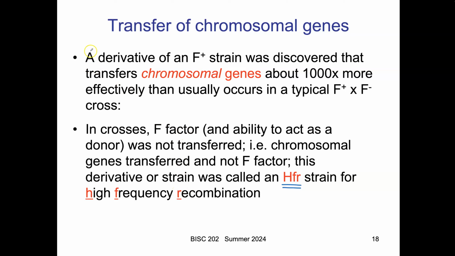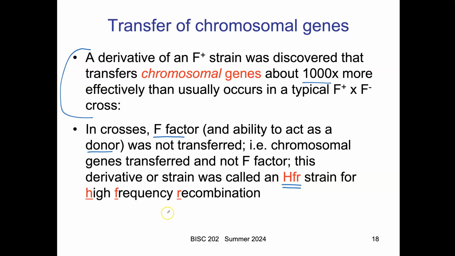It's kind of interesting because this was an accident that caused this strain to form, and it caused some chromosomal genes to be transferred a lot more efficiently than we would normally see. And when they monitored it, they also found that the F factor was not transferred, and the ability to act as a donor was also not transferred. So it was the actual chromosomal genes from the bacterium that were being transferred into the recipient cell, not the F factor. And so this was really weird. It was called an HFR strain, high frequency recombination.